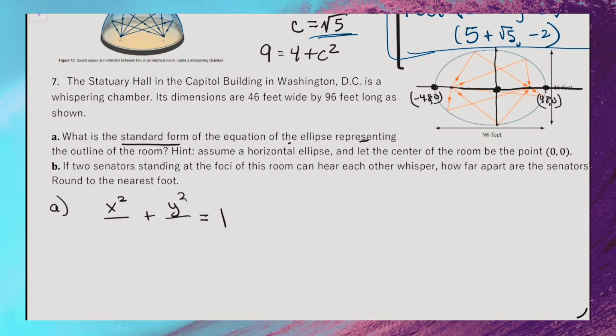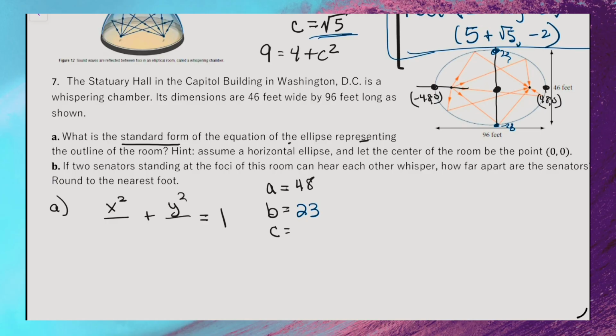Which means that a, center to vertex, is 48. b is center to co-vertex. They told us right here that the width of the hall is 46, so we're going to do half of that. So this goes up to 23 and this goes down to -23. So 23 is our b value.